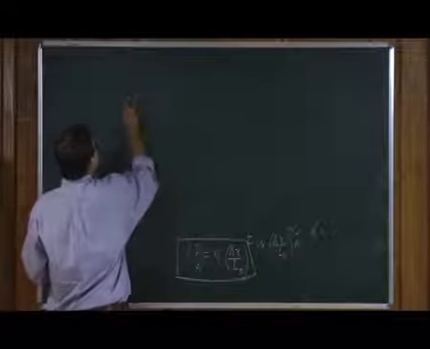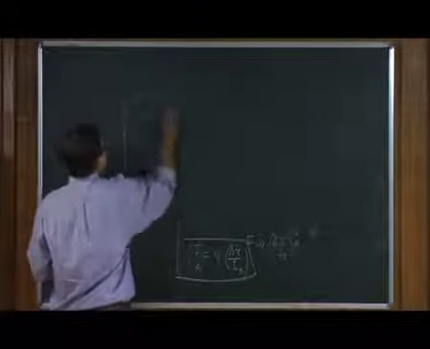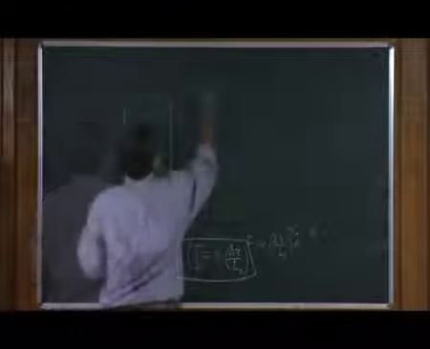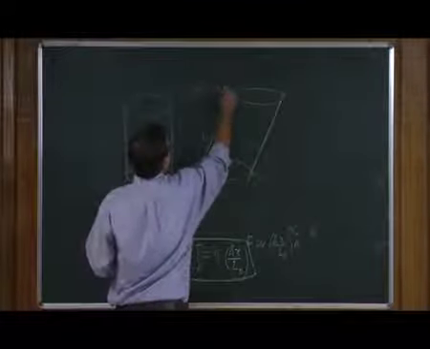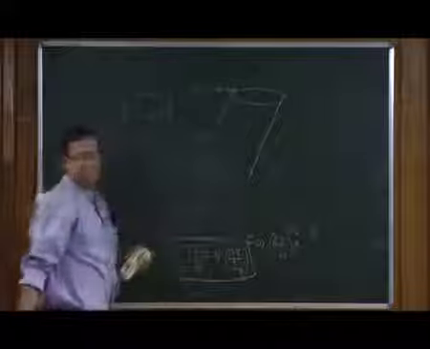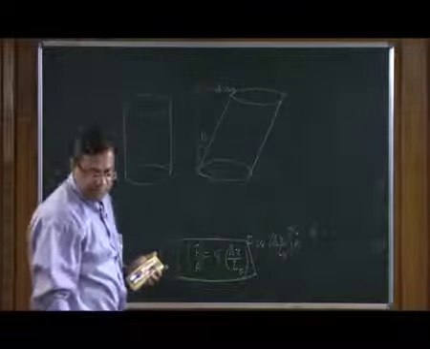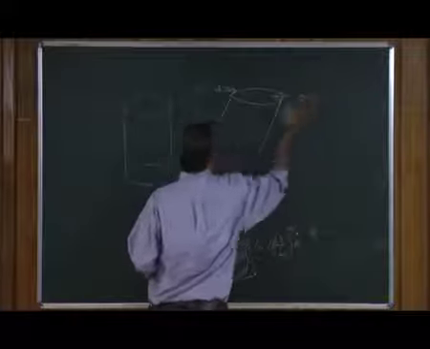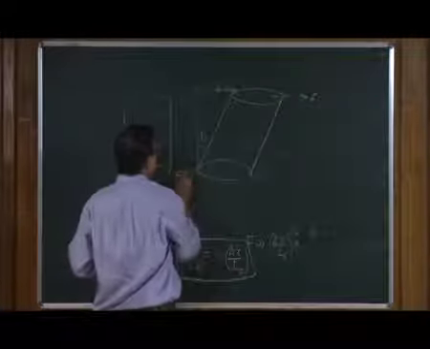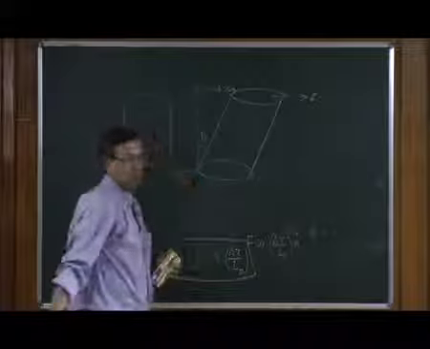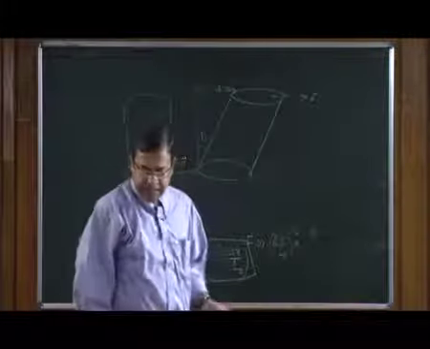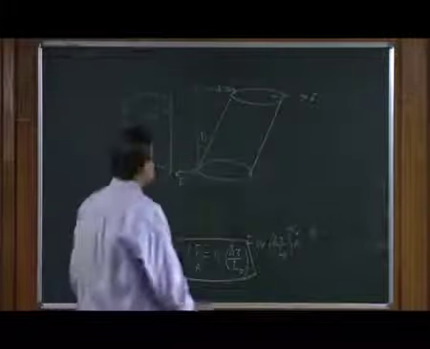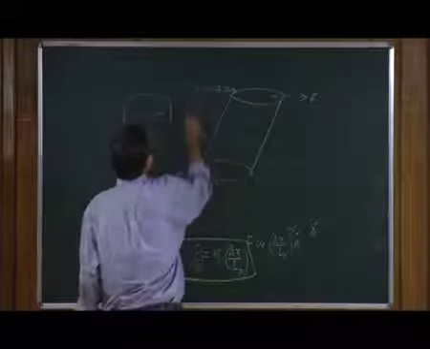So, this is my cylinder, this is my extension, and there is a force acting this way, and an equal force acting in the other direction, and this length is L.